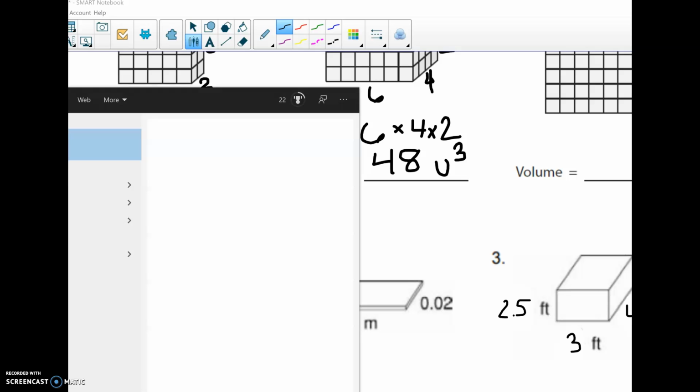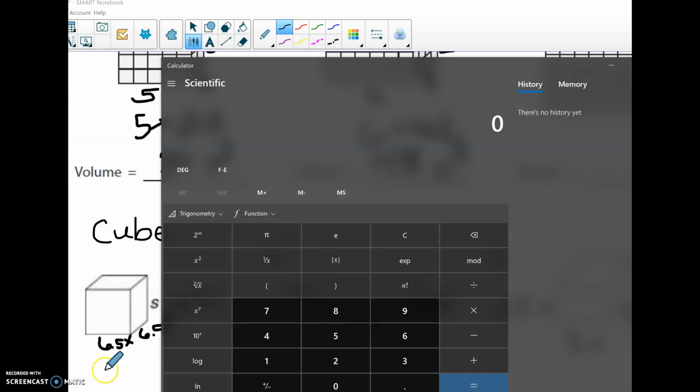So I'm going to get my calculator for that one. All 3 dimensions are 6.5. Okay, so we have 274, and I'm going to round it to the tens place. So 274.6.